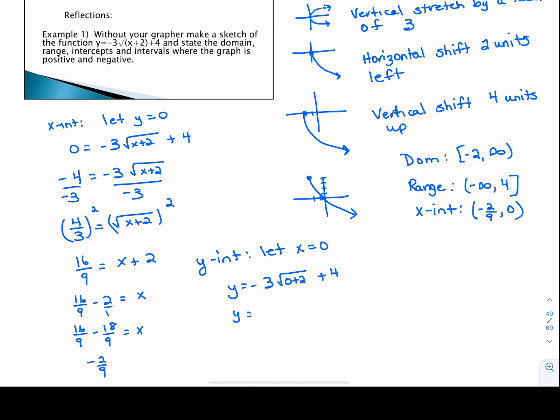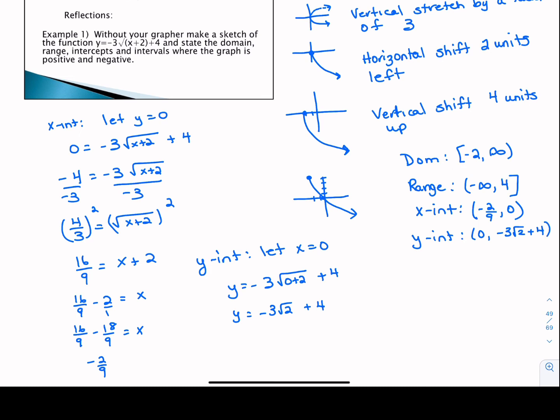So y will equal negative 3 times the square root of 2 plus 4. So in this situation, we already know that our y-intercept is going to be negative. This would just happen to be the exact value of that y-intercept. So we can say the y-intercept exists at the ordered pair 0 and negative 3 root 2 plus 4.